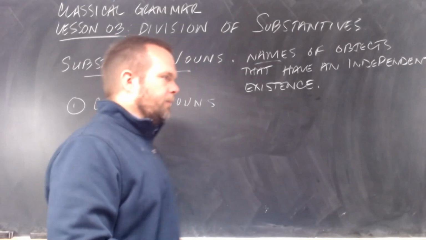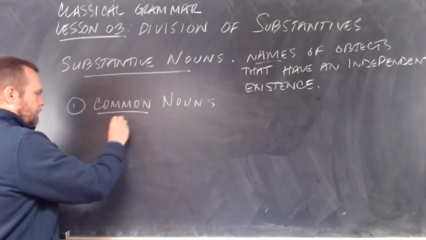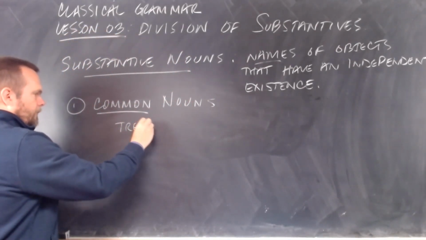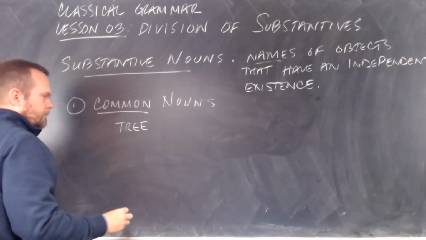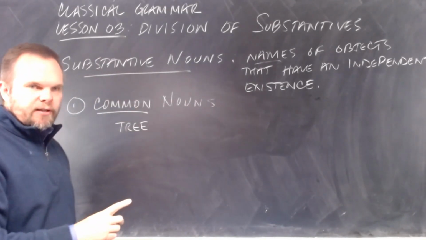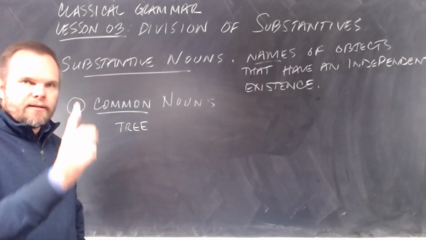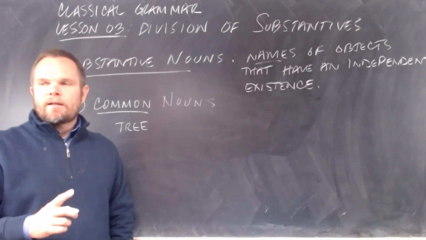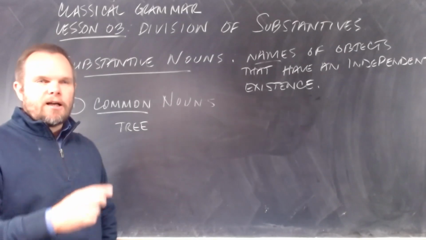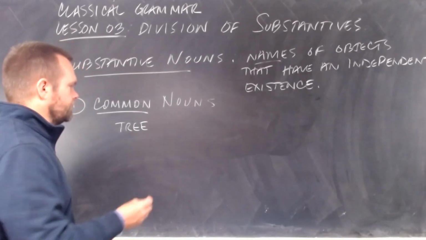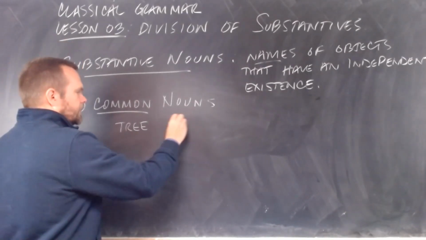So, for example, tree is a common noun. Not a specific tree, but any tree. Anything that can be called tree, that name for the thing is a common name. Student.